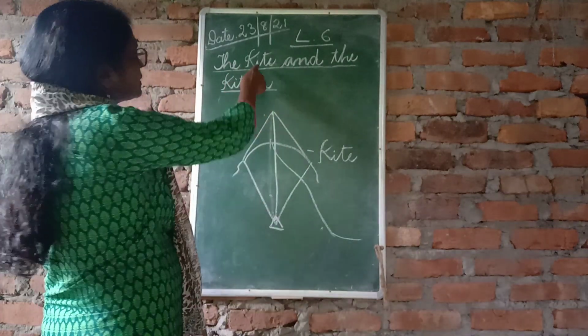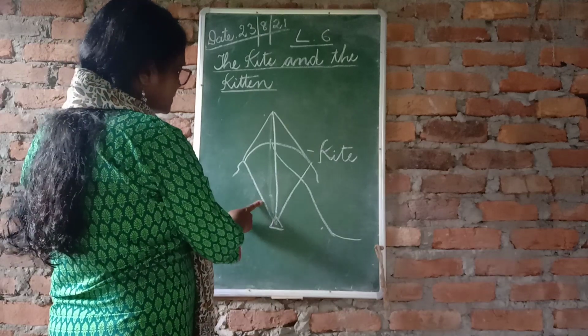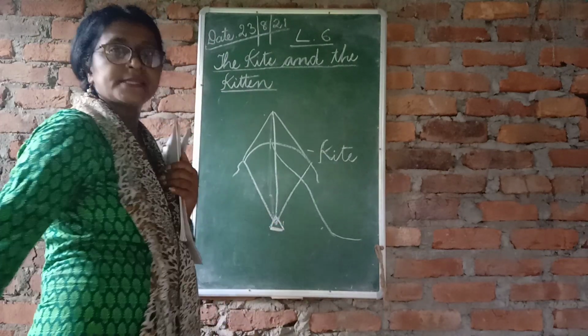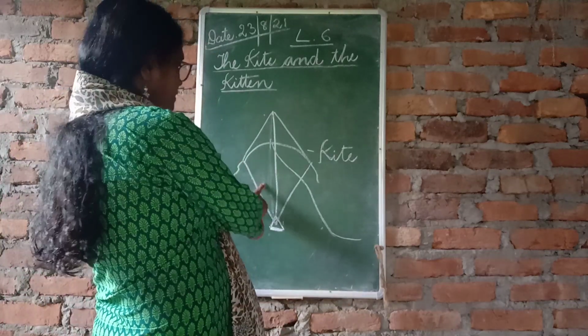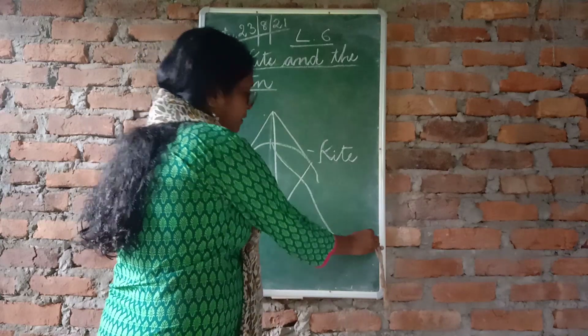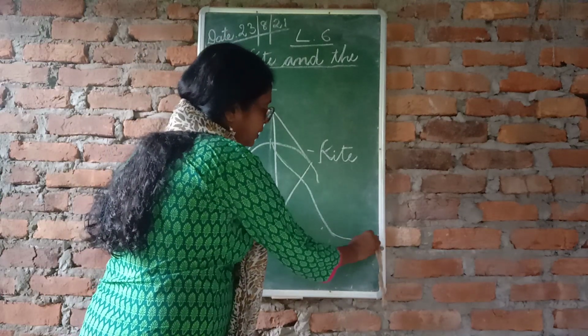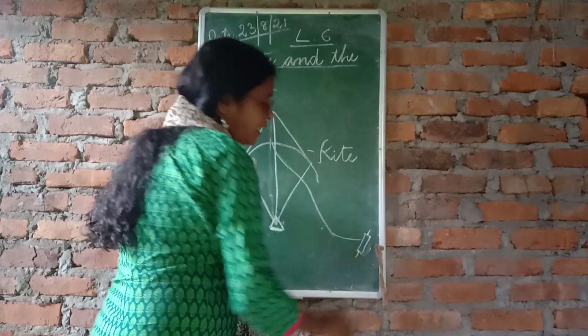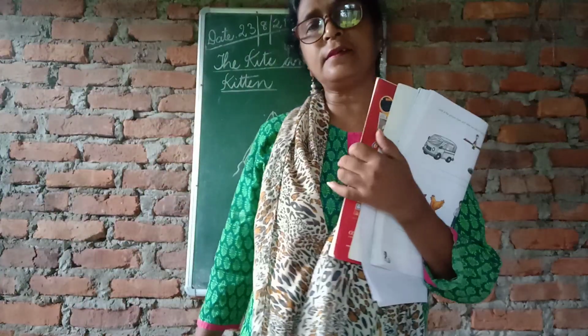Do you know what a kite is? In Assamese, we say sila. It looks like this, and this is the rope, the tie. With that we fly the kite high up in the sky.